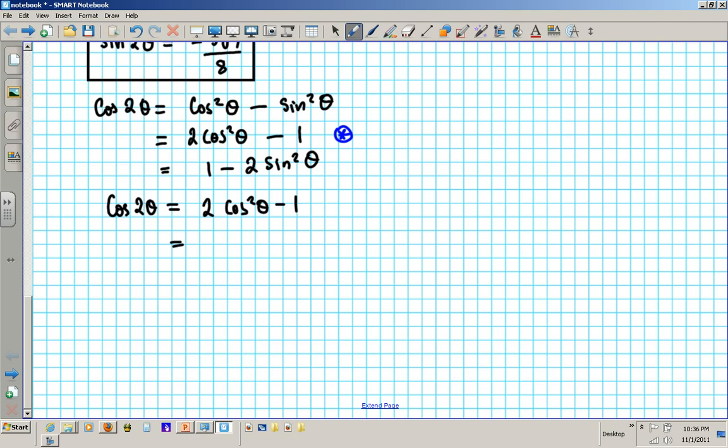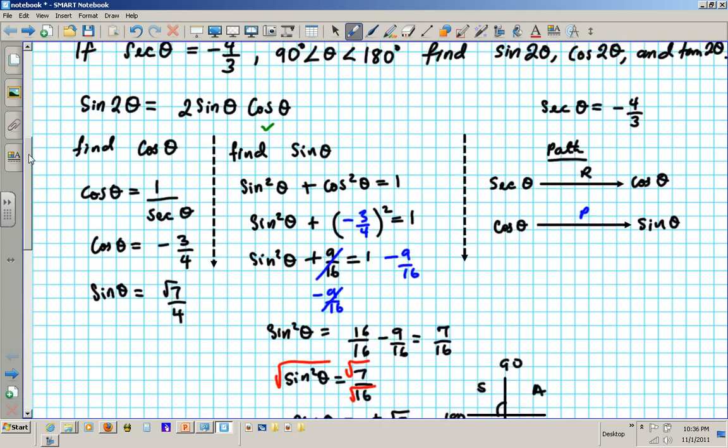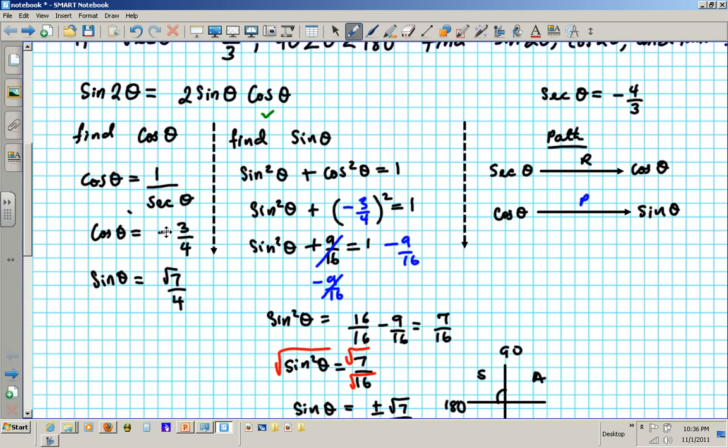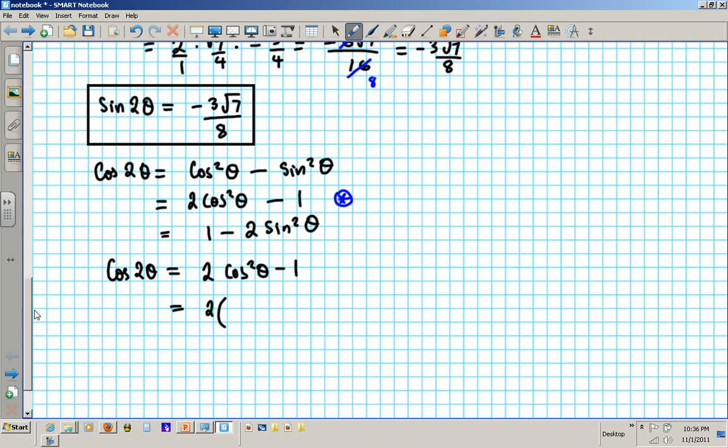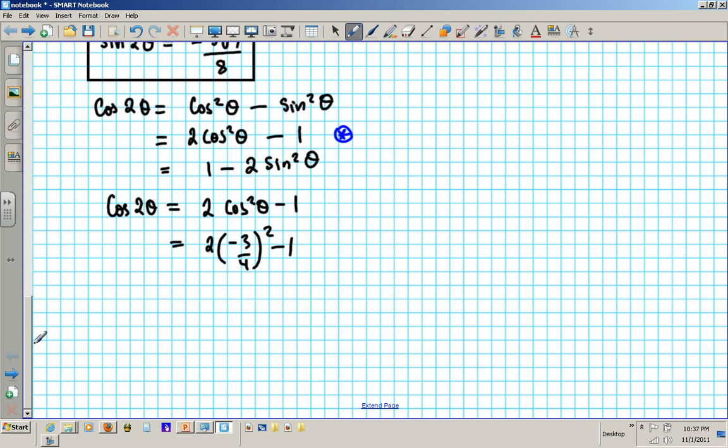And that's going to give me 2 times, what is cosine? Cosine is -3 over 4 right here, right? So 2 times -3 over 4 squared minus 1. And then when you square that and multiply by 2, you're going to have 2 over 1 times 9 over 16 minus 1. That gives us 18 over 16. This 1, we can write it as 1 over 1, right?